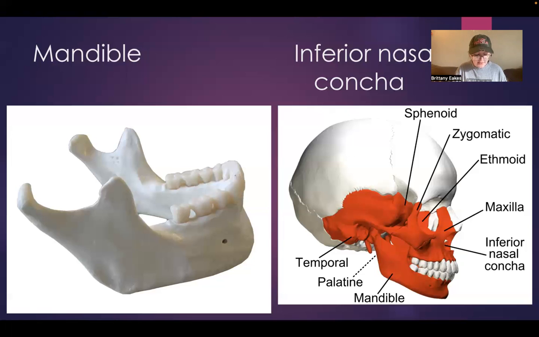These are scroll-like bones that form part of the inferior lateral wall of the nasal cavity, and they project into the nasal cavity. There's three pairs of these, superior, middle, and inferior, and they increase the surface area of the nasal cavity and help swirl and filter air before it passes into the lungs.